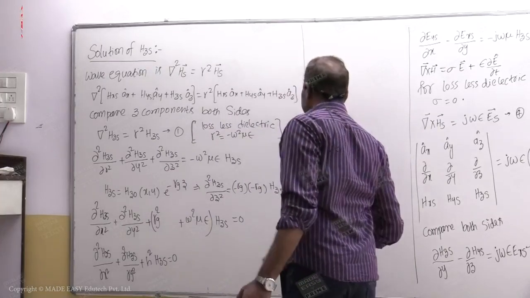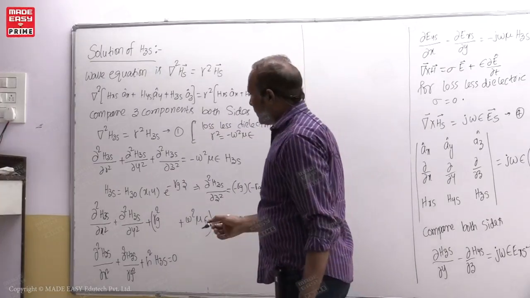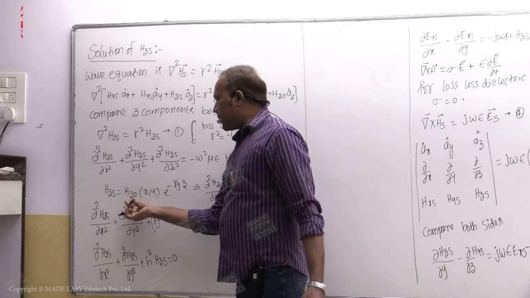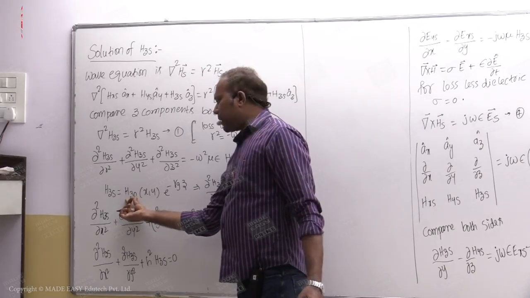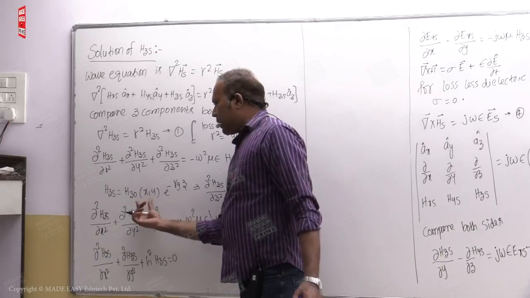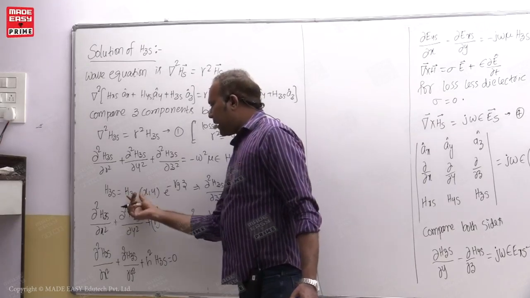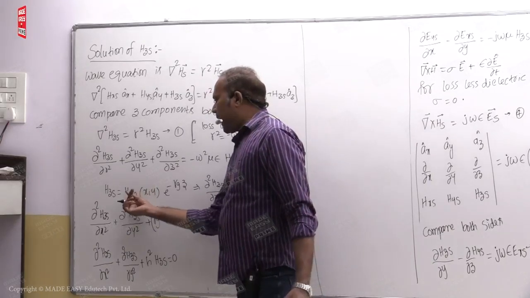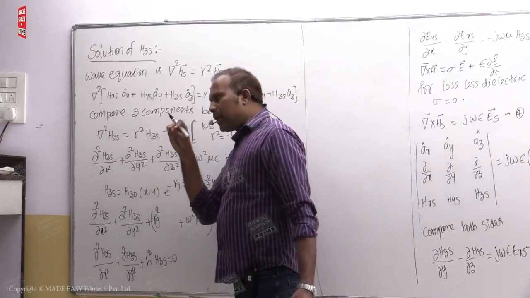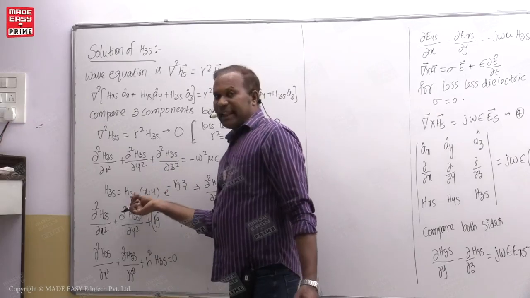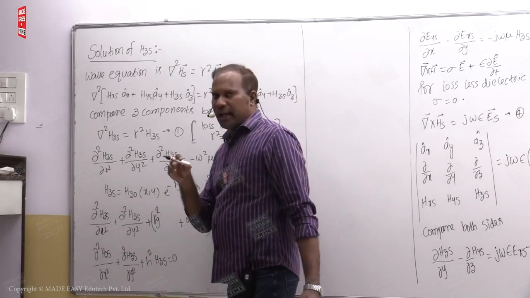So here students, this hz is equal to hz naught, that means the initial value of the magnetic field z component is a function of xy. Now this is written as a capital X into capital Y. Capital X means some equation in terms of x. Capital Y means some equation in terms of y.